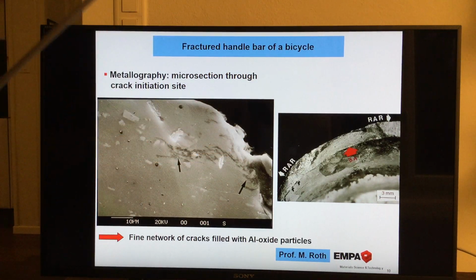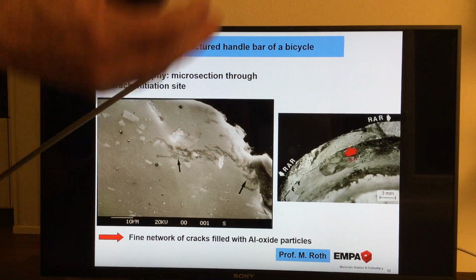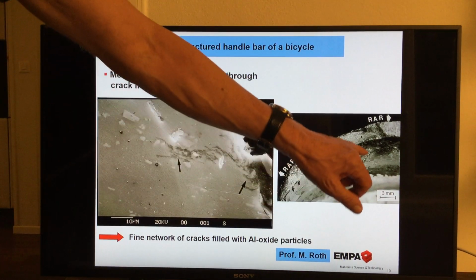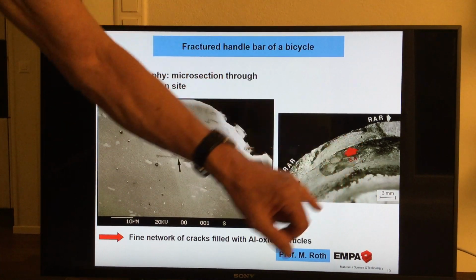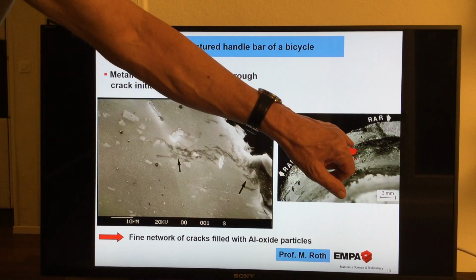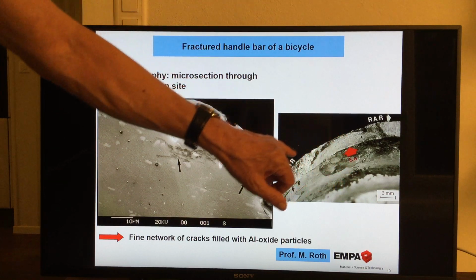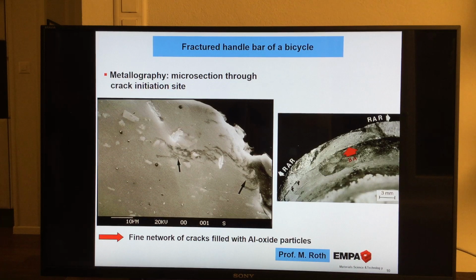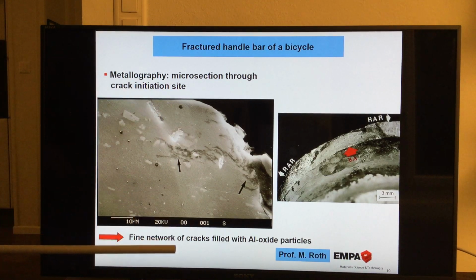Of course, this takes time, but as you have seen, the fracture of this handlebar took place after about 6 to 7 years. So it's a matter of time. Of course, you first have the crack initiation part, and then when the crack is initiated, it propagates around. Maybe it also takes another few weeks or a few months. We don't know exactly, but that's the mechanism behind.